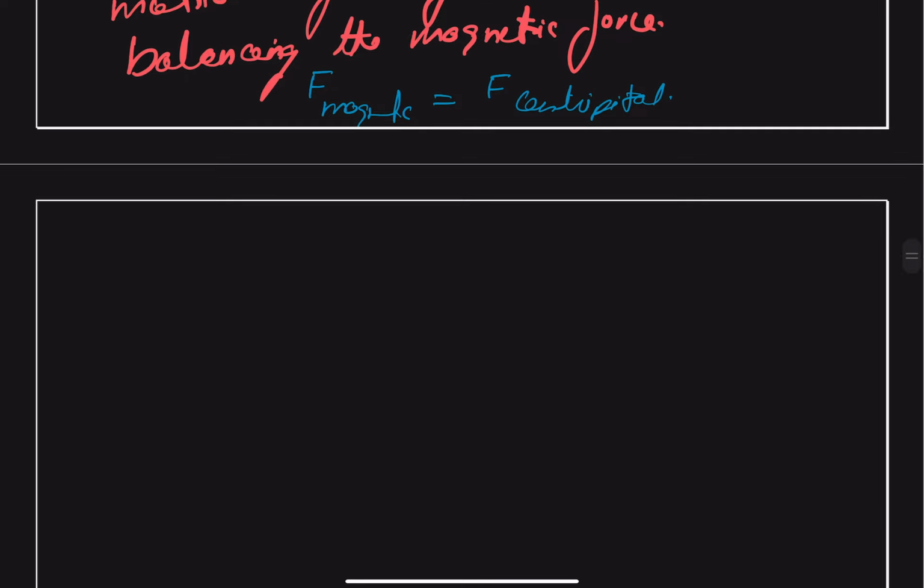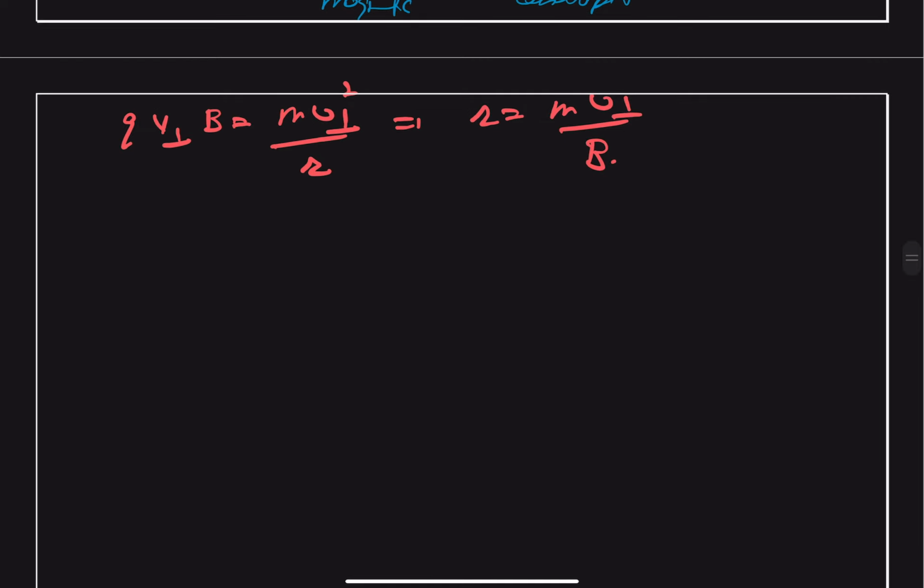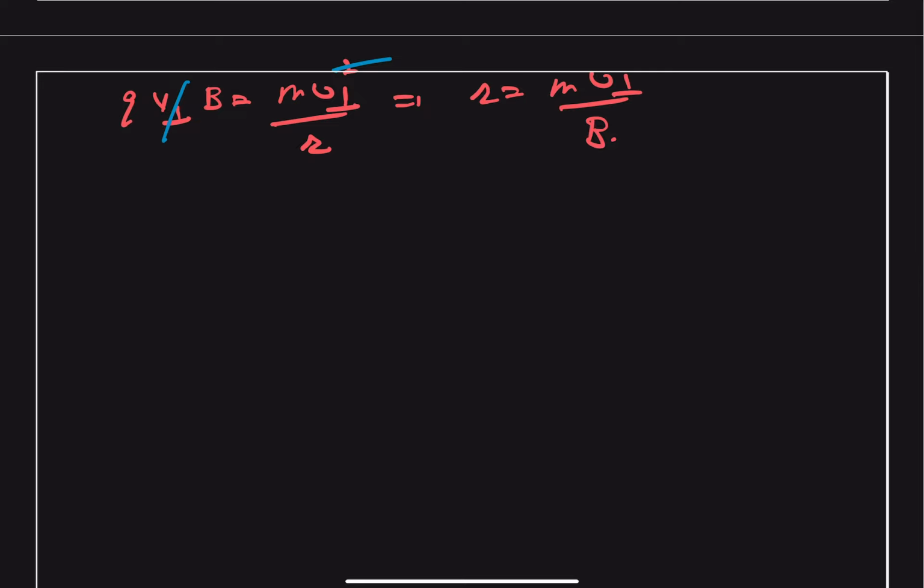We can write that Q V perpendicular B will be equal to M V perpendicular squared divided by R. So this gives us that R is equal to M V perpendicular divided by Q B, because here one V cancels with the square, and we simply substitute the values.